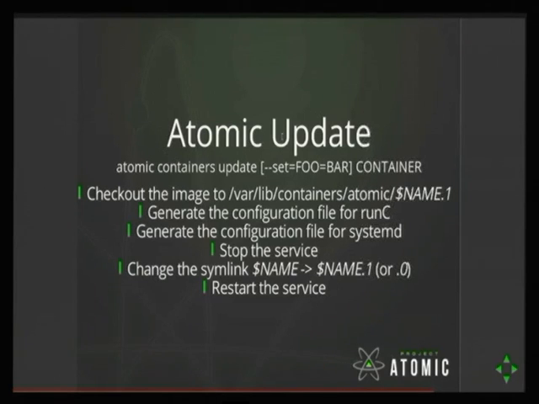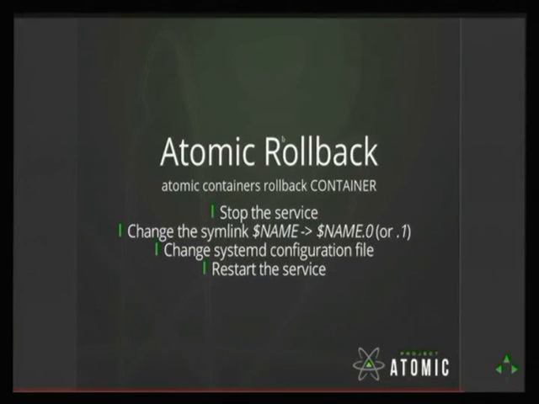We stop the service, we change the symlink to point to the new deployment, and we restart it. If something goes wrong, you can roll back to the previous version, well, unless the newer version destroys storage or something like that. But it should be possible to go back to the previous version.